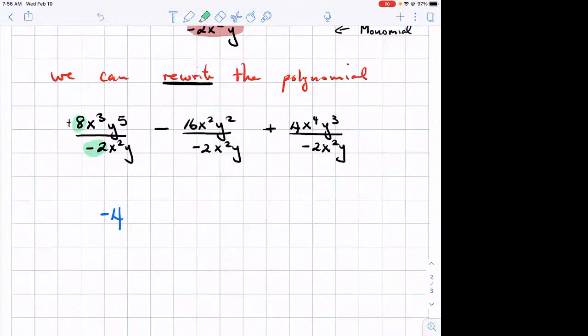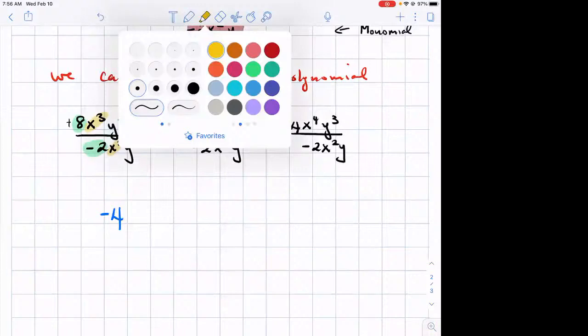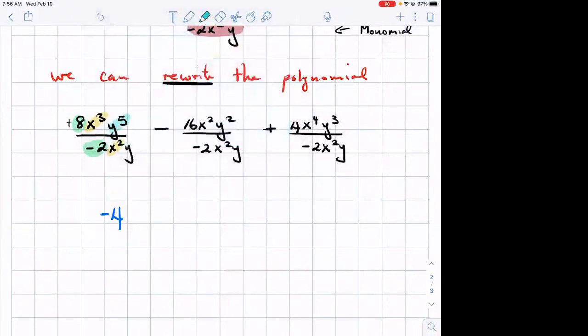Now, you notice we have two variables here. We have x, whose bases are the same, and then we also have y, whose bases are the same. So going straight ahead, if you subtract, this becomes x to the 3 minus 2, which is 1.